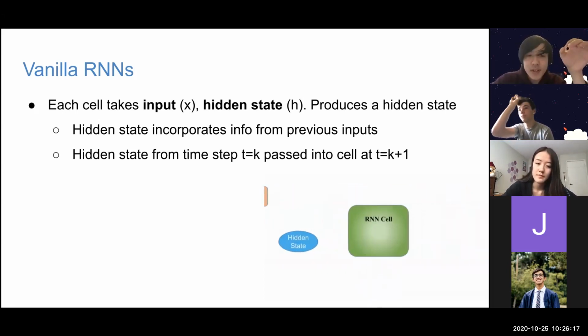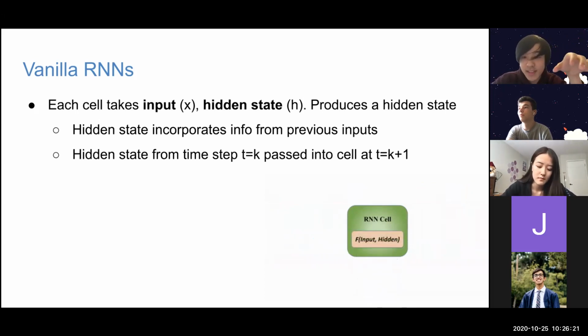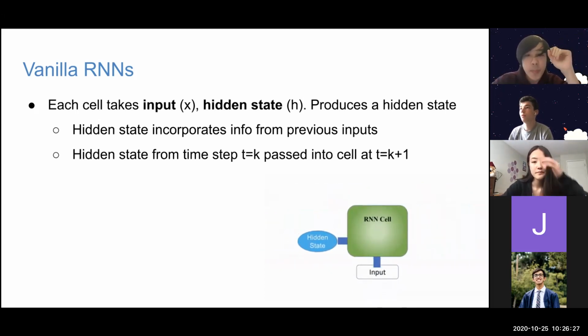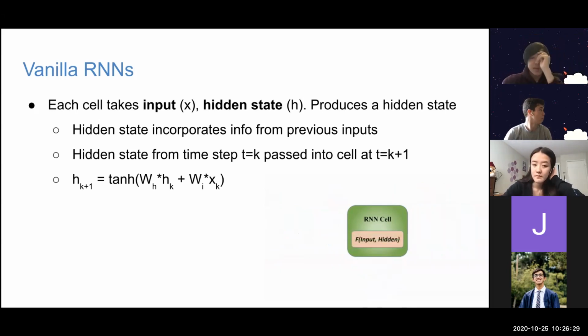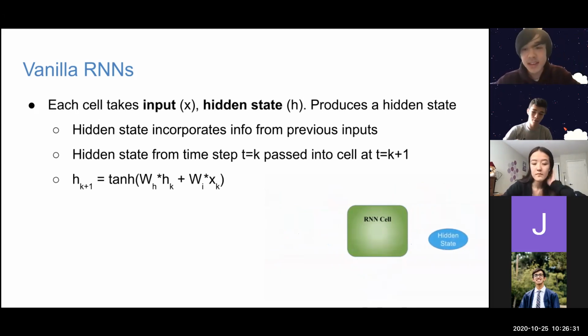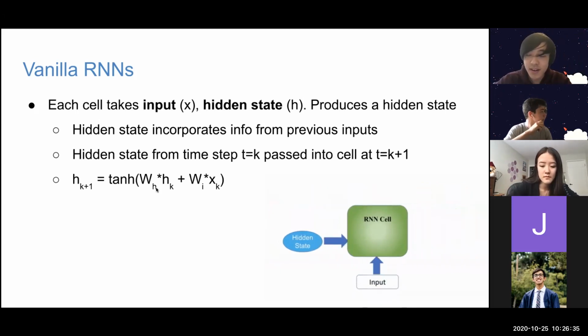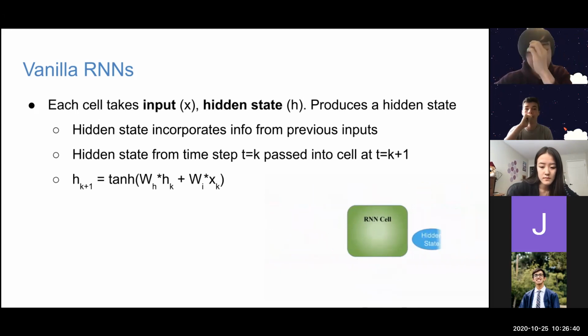So after you process each time step, the RNN cell produces some kind of hidden state, and then that hidden state is passed into the next time step for the next RNN cell to then combine with the next input. And specifically for vanilla RNNs, this is the activation function, or the function that allows the RNN cell to produce the hidden state and input. So we have two weight vectors.